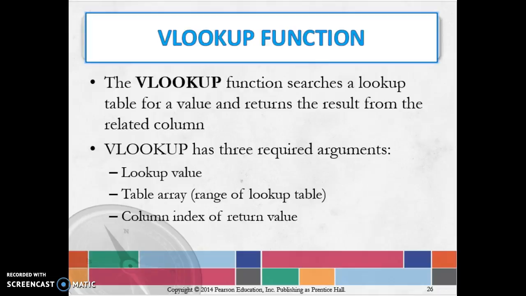VLOOKUP is something where it goes and looks into another table for a value and returns that result. So it might look at this particular spreadsheet and say, okay, I'm going to look for this. And since I work in pharmacy, it might be looking up a DEA number, for example. So it might look up a DEA number that's on my table and go to another table and look up that same DEA.